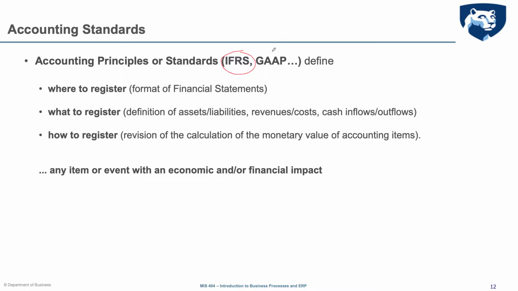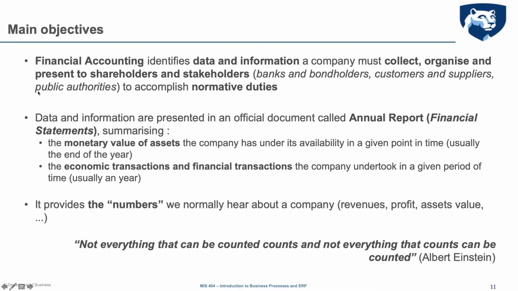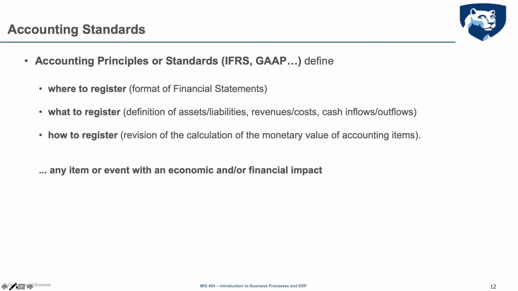Instead, in the United States, they use the GAAP standard, which are slightly different, two different standards that have different rules in terms of where to register, so which is the format of the report, what to register, so how to classify the different items that belong to transactions, assets, and liabilities, and also the rules to record the transaction and to record the monetary value in the financial statement.